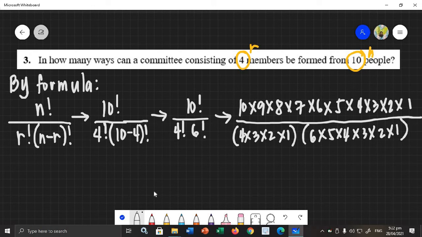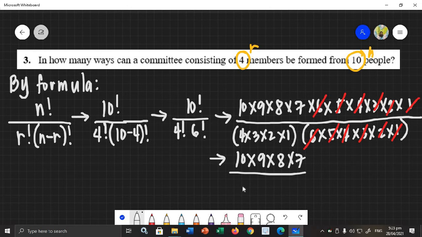Then let's cancel out yung same numbers in the numerator and denominator. So we can cancel out 6, 5, 4, 3, 2, and 1. Okay? And what will happen is we will multiply the remaining numbers. So we have 4 times 3 times 2 times 1.